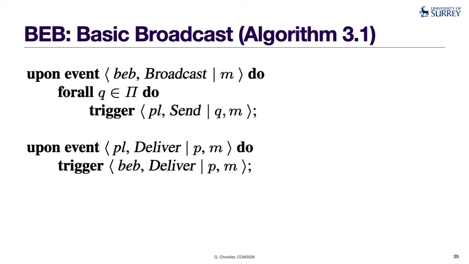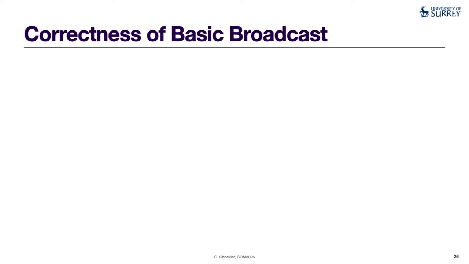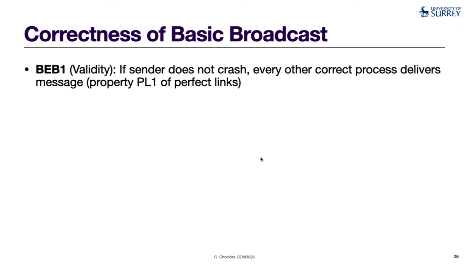Okay, so let's briefly see why this implementation is correct. To show correctness, we need to prove these three properties: validity, no duplication, and no creation. All three properties basically just immediately follow from the respective properties of the perfect links.